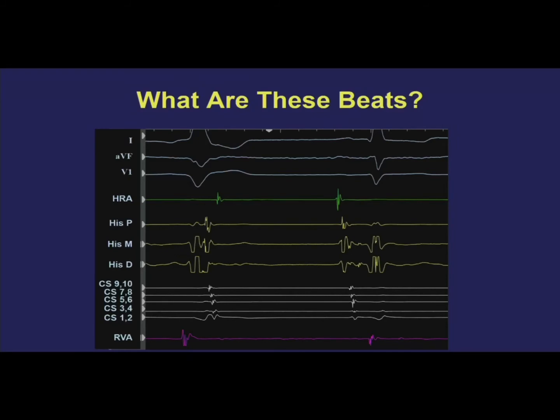So this can't possibly be coming from the sinus node because the electrode pair that's closest to the sinus node is activated late. So this is a retrogradely conducted beat from the PVC through the AV node and then going in both directions. Yes, it activates the His early, but you'd expect that here and you'd also expect it here. Yes, it's concentric in both cases, but that's the key.